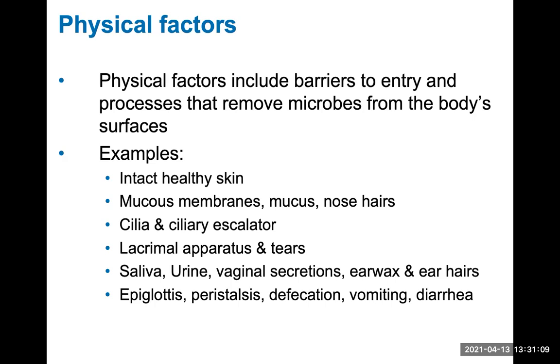Peristalsis keeps everything moving in one way, and eventually everything exits the body. If there is an infection, if something goes wrong, you can vomit or have diarrhea to try to very rapidly eliminate the microbes from the GI tract.